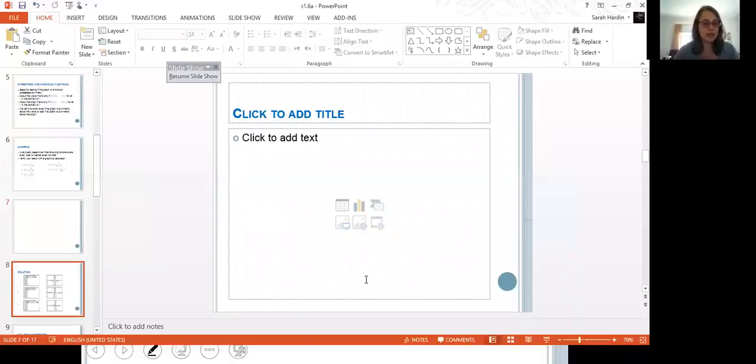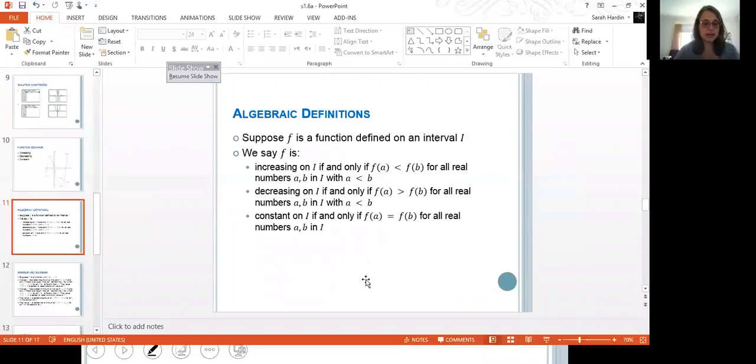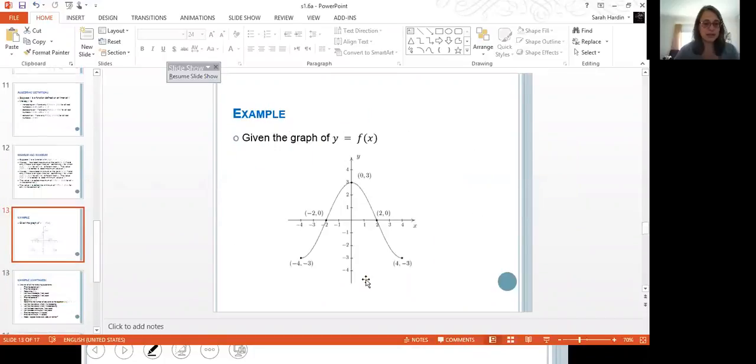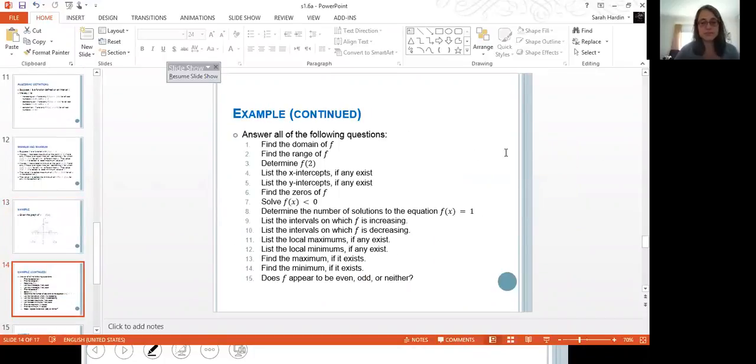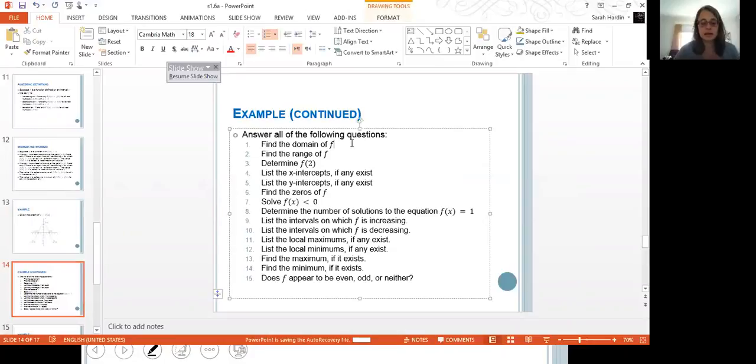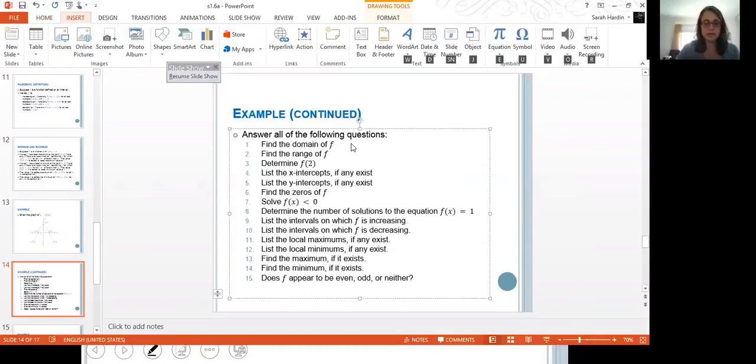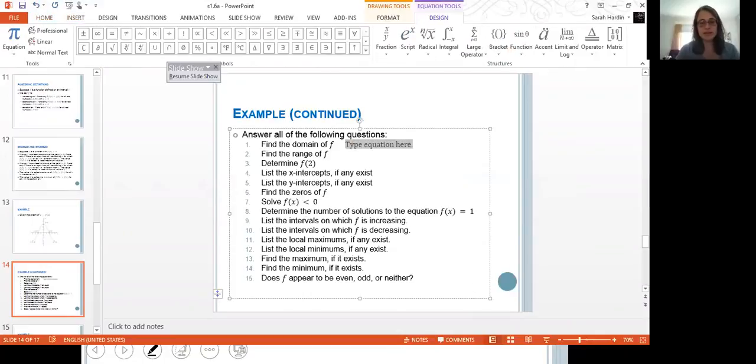So my domain is going to look like, and we're going to write this domain in interval notation. I'm going to write the domain equals, in interval notation, we want a bracket because -4 is included. -4 is my smallest x, so we'll start there.